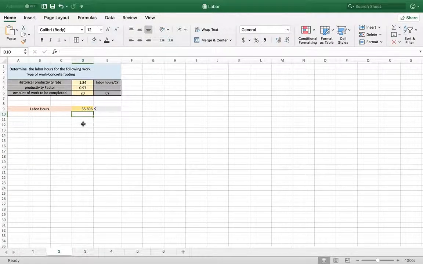So the labor hours is 35.69, so that can equal to 36.